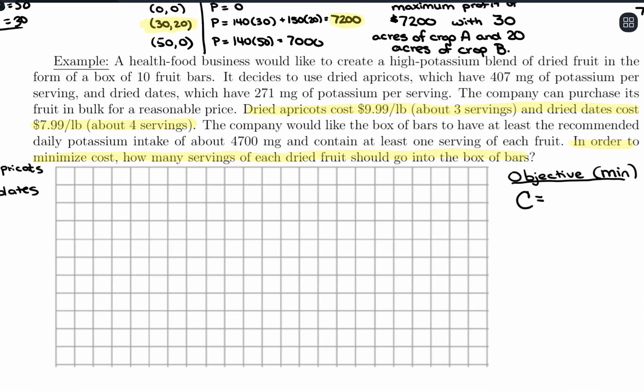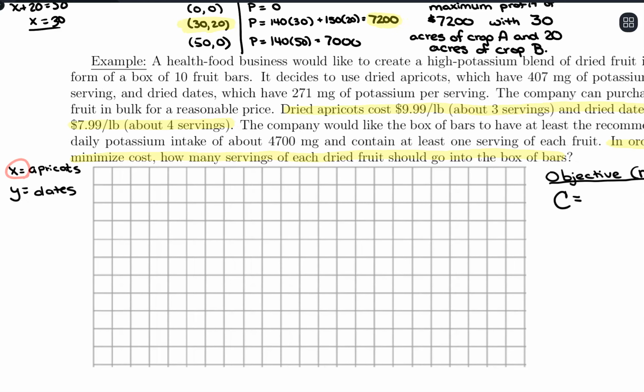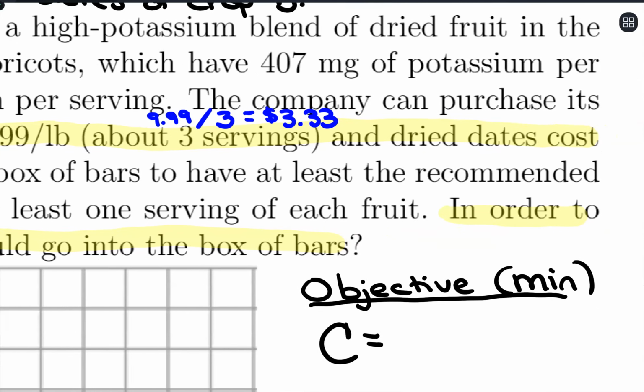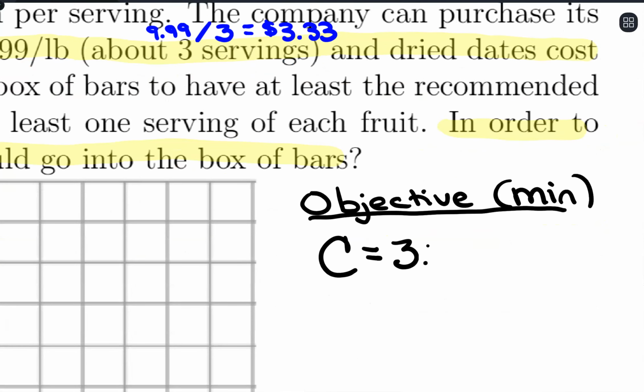So for apricots, we're getting $9.99 for about 3 servings. I want to take that $9.99 and divide it by 3 so that I get the cost per serving. That's going to be $3.33 per serving. So for cost, we're getting 3.33 times x.